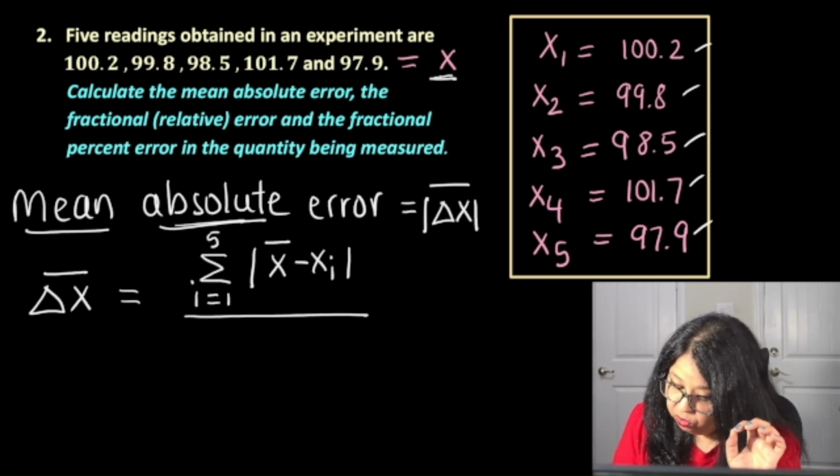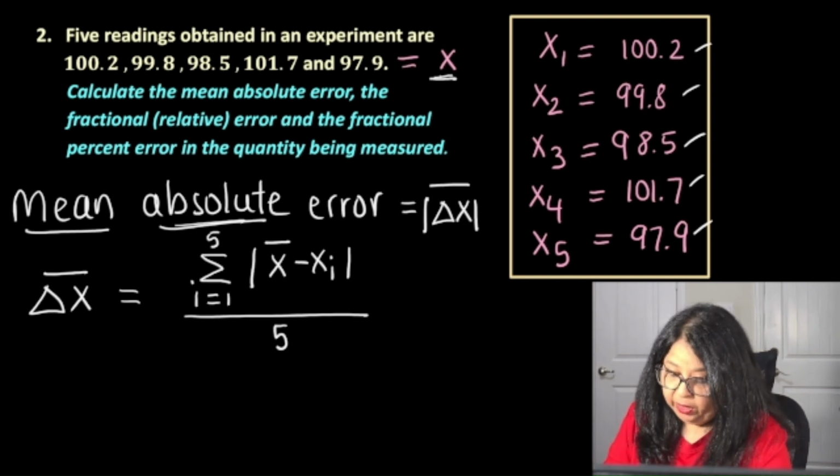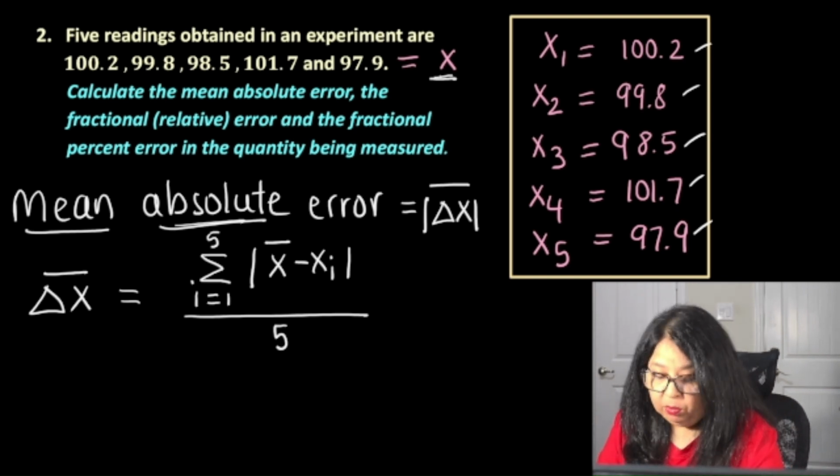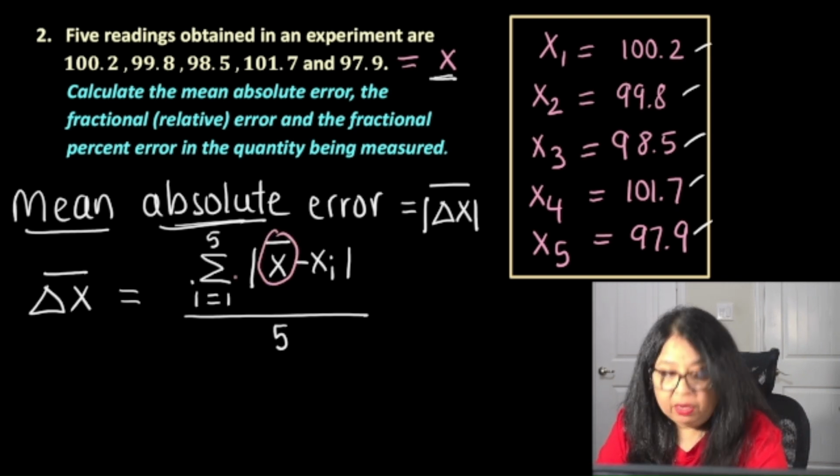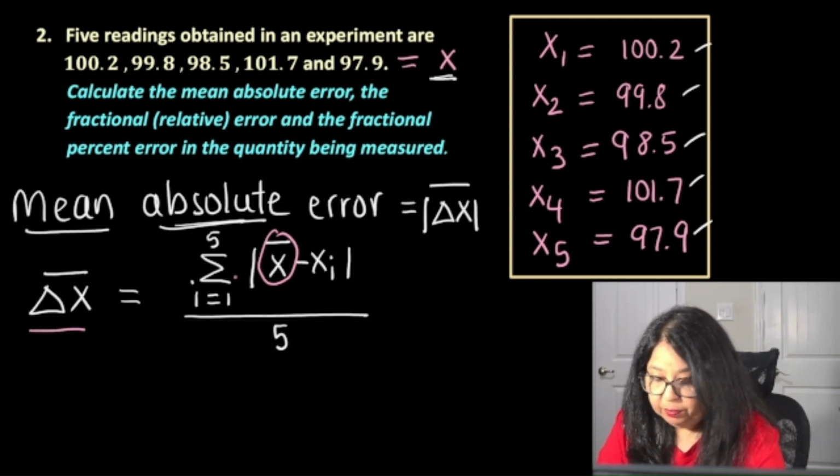This summation is divided by 5. Just like in the previous problem, we first have to solve for x bar. Only then can we solve for delta x bar.